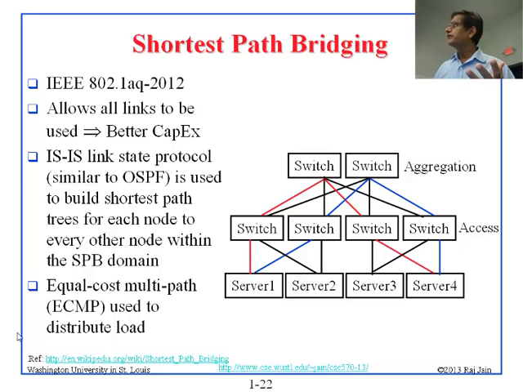So they will figure it out. If I want to go to server 2, all I have to do is go to the switch like that. If I want to go to something else, I have to go this way and that way. So basically, that is the shortest path. So now all the links are used. You don't block any links.